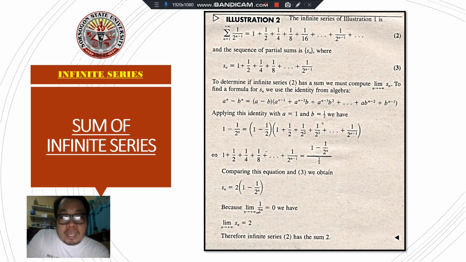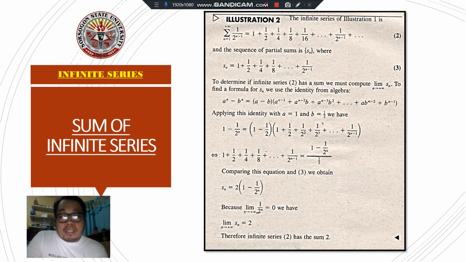Now, to find a formula for S sub n, we'll be using the identity from algebra, which is a raised to n minus b raised to n, and that is equal to the quantity a minus b times the quantity a raised to n minus 1 plus a raised to n minus 2 times b plus a raised to n minus 3 times b squared plus up to a times b raised to n minus 2 plus b raised to n minus 1.